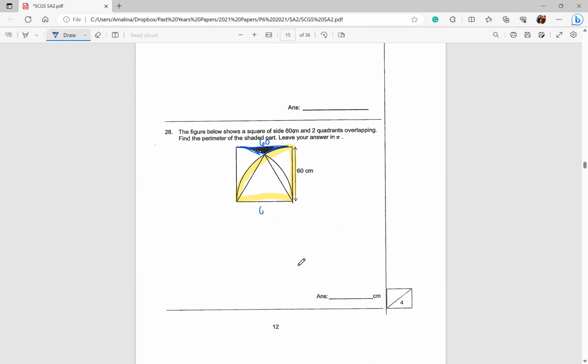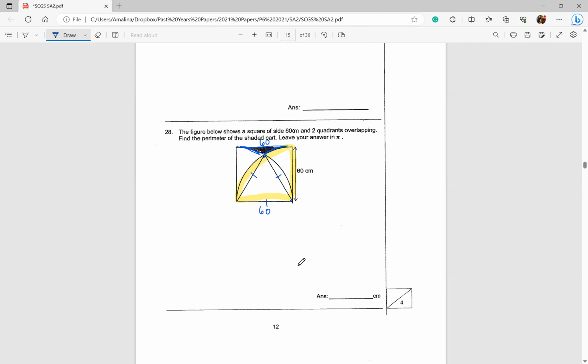So this is 60 and it's a square also, which means that from here to here is also 60 because it is the radii of the circle. So this side and this side, they are the same. Okay? So since we know that these three sides are the same, we can make use of this for the next part later on.